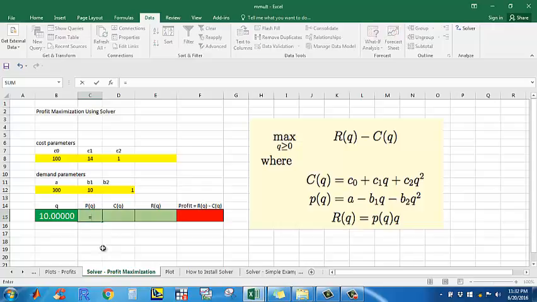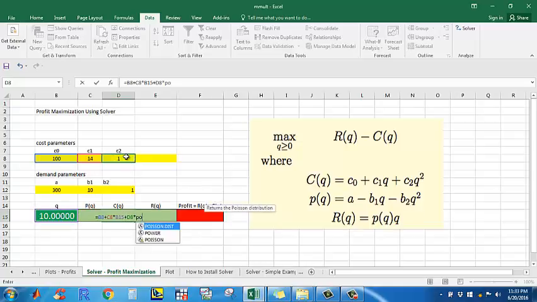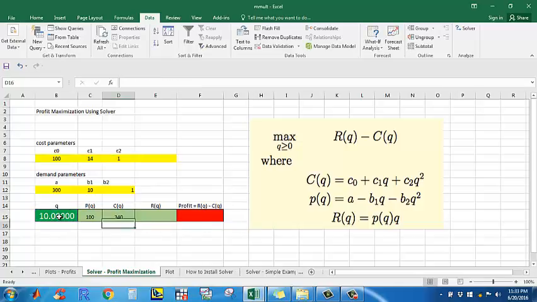Price therefore is equal to A minus B1 into Q minus B2 into Q square, and C is equal to C0 plus C1 into Q plus C2 into Q square.